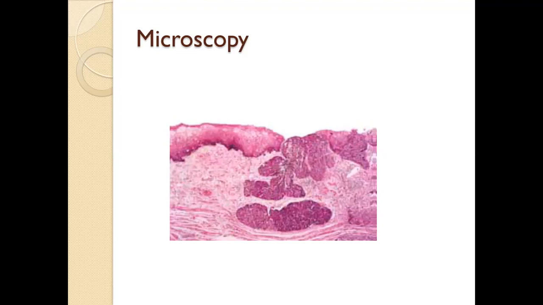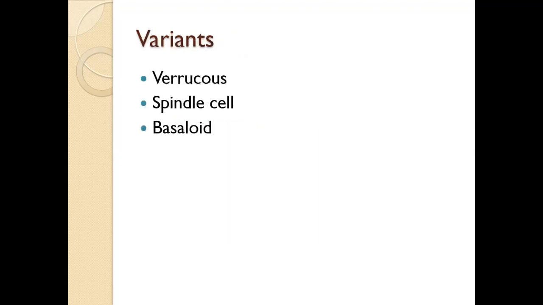Those in the middle third go to the mediastinal, paratracheal or tracheobronchial lymph nodes. And those in the lower third spread to the gastric and celiac nodes. So the distant spread depends on the location of the tumor.